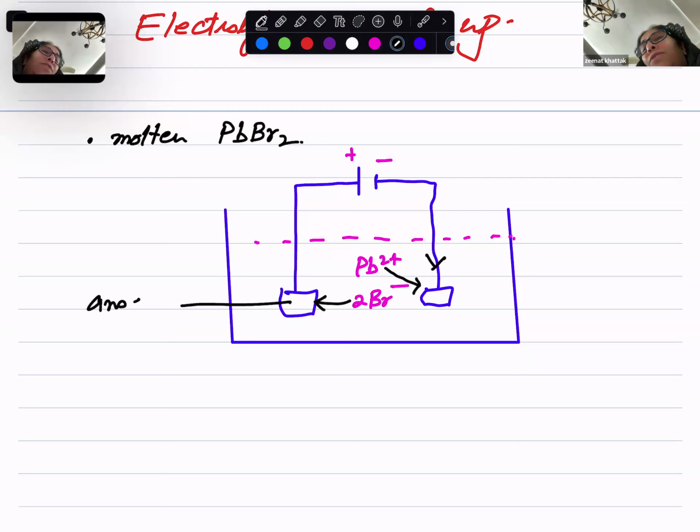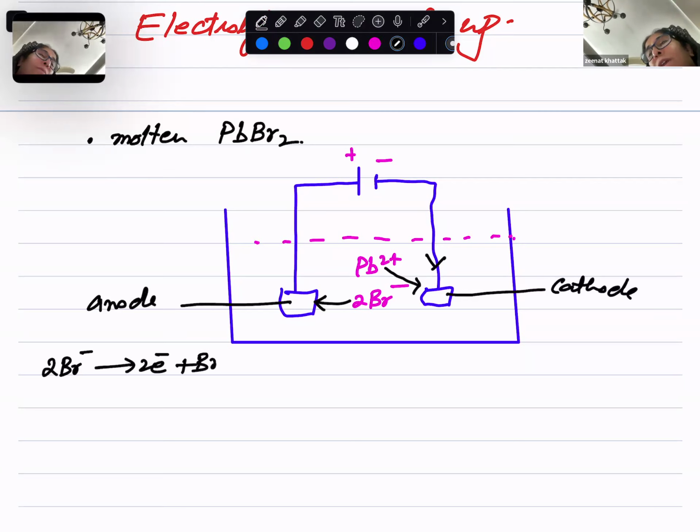This is anode. This is cathode. So 2Br- will lose 2 electrons, making bromine, and 1 Pb2+ will gain 2 electrons, making lead.